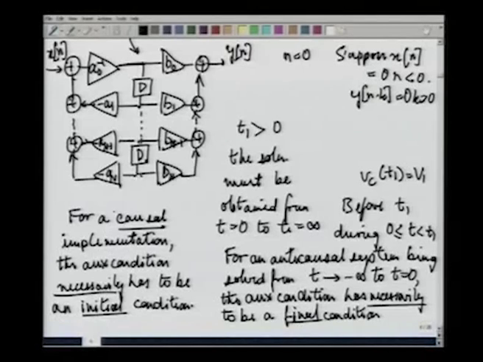So the only thing that you get is y 0 equals b 0 by a 0 times x 0.